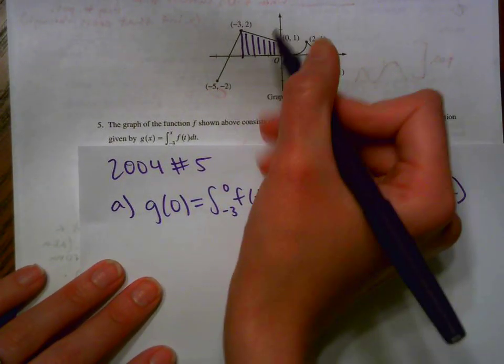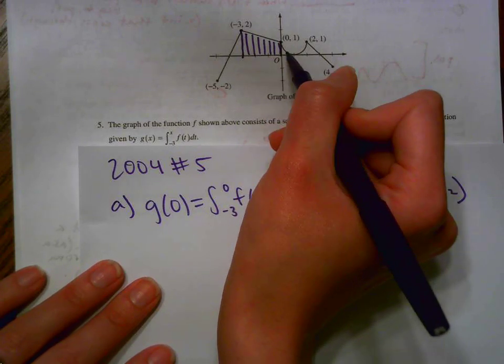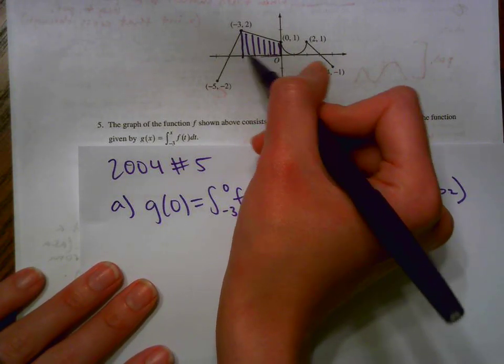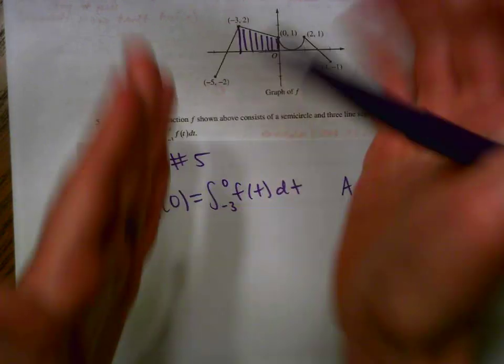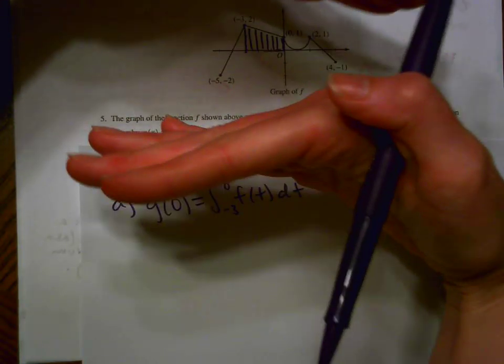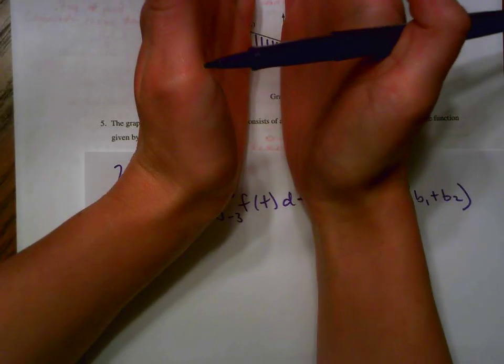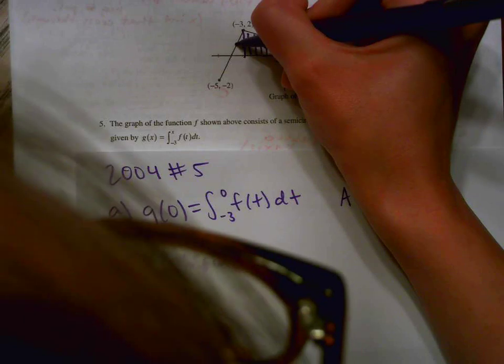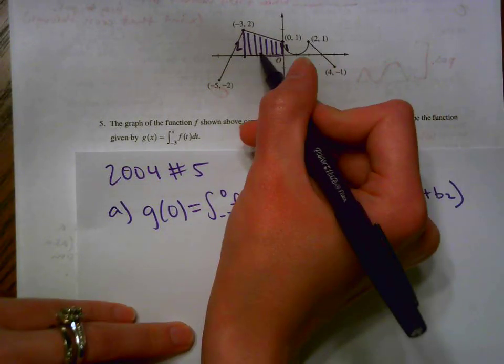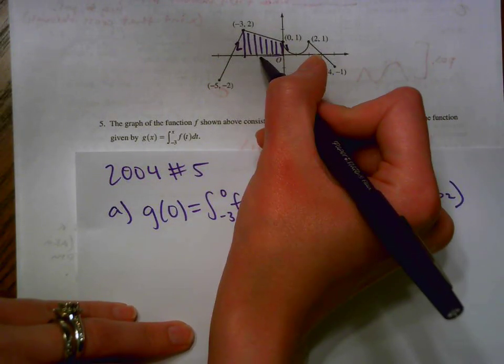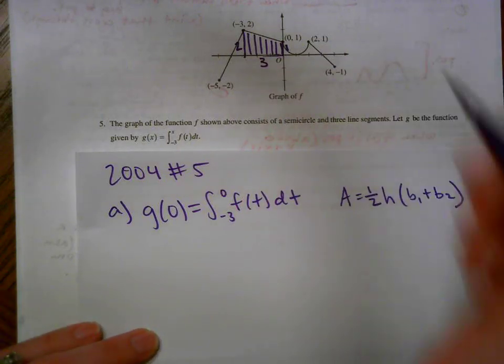So if we label this, our height is this distance, because our bases are the 2 parallel sides. Since these are the 2 parallel sides, that is not parallel. These are the bases. So it goes up to 1 and the other base goes up to 2. Our height would be this distance, which has a length of 3.